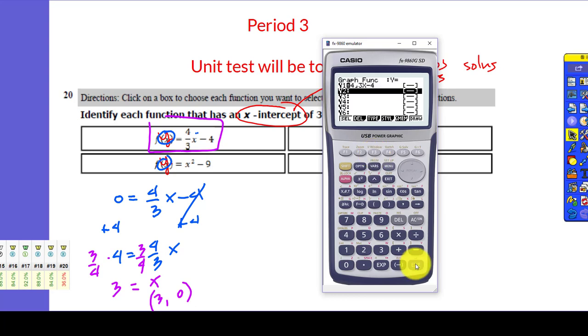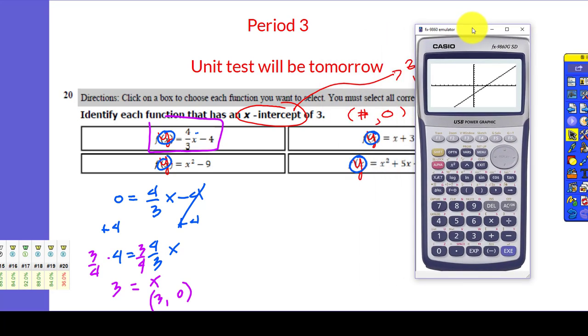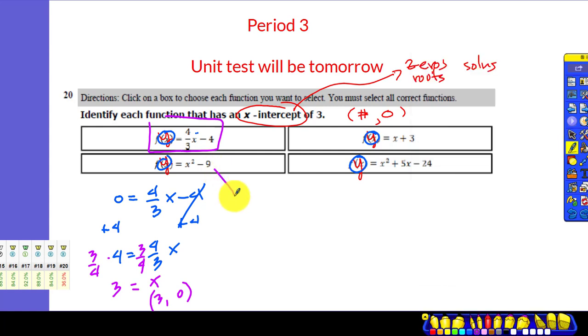Okay, then EXE, and then you draw it again. Okay, so let's apply the rest. Let's solve the rest of the questions using our calculator. So assuming we're done using paper and pencil, you know what, one more, let's solve this one using the paper and pencil.